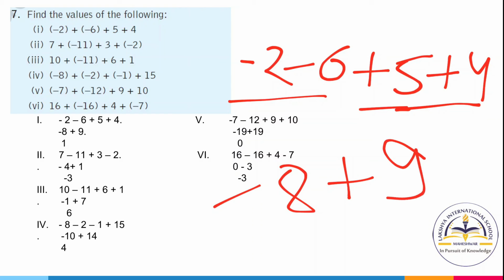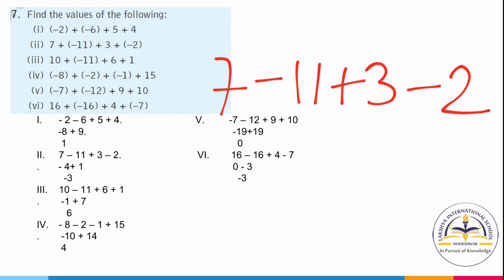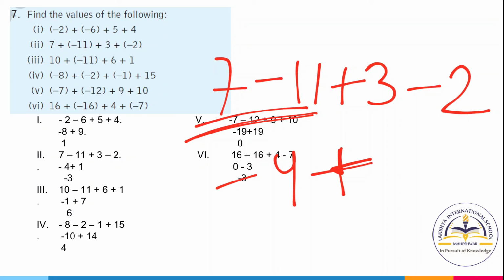So 9 minus 8, 1. So that is the answer. Now 7 minus 11 plus 3 minus 2. Now we will solve this first. 7 minus 11, that is minus 4, plus 3 minus 2, 1. Minus 4 plus 1, minus 3.